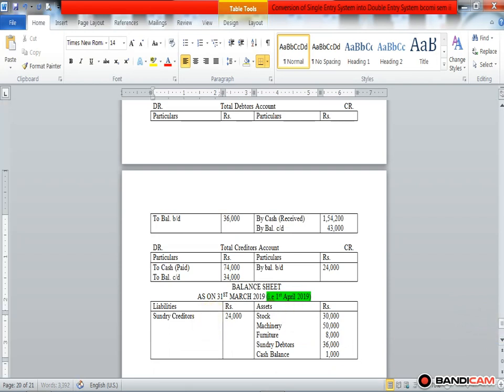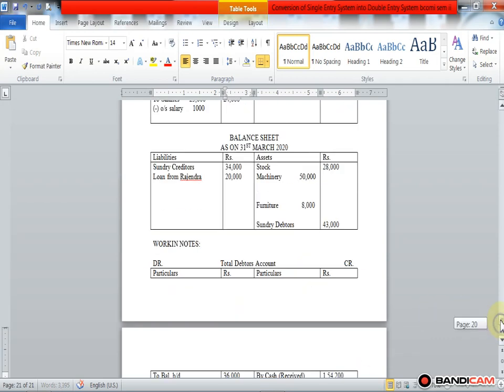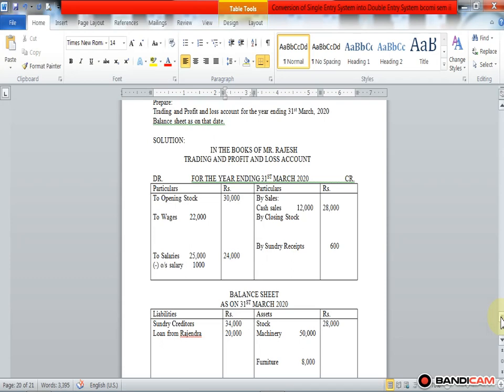So here outstanding salary amounted to rupees 1,000. Got it? Yes sir.